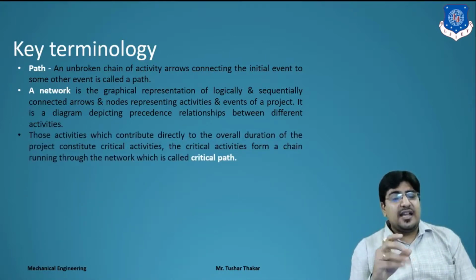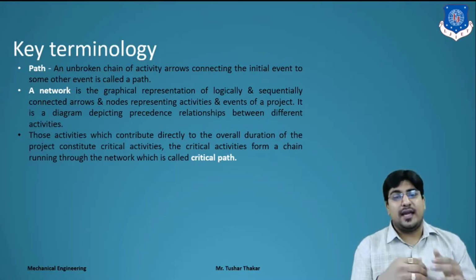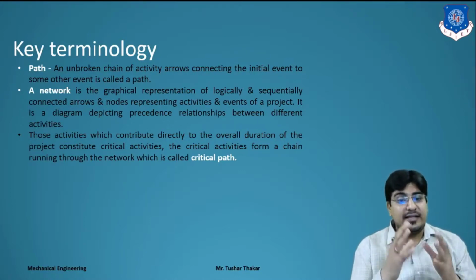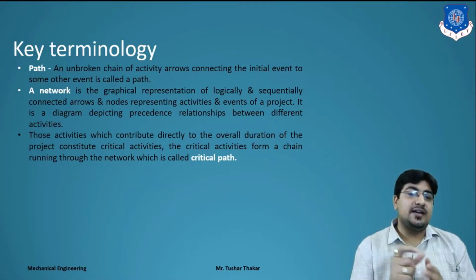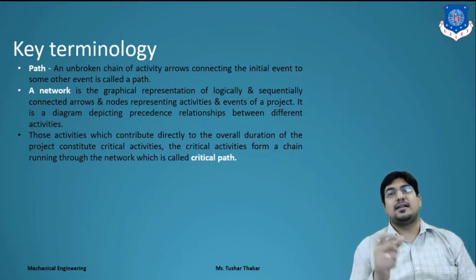Those activities which contribute directly to the overall duration of the project are critical activities, and the chain of critical activities running through a particular path of the network is known as the critical path.